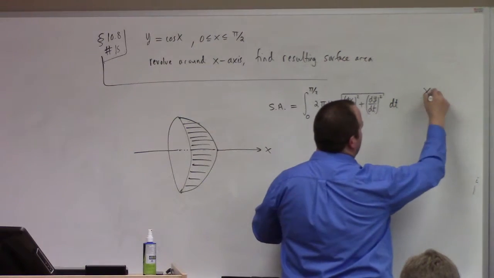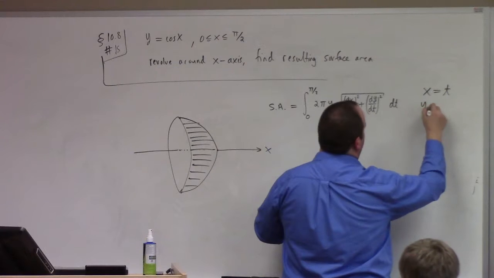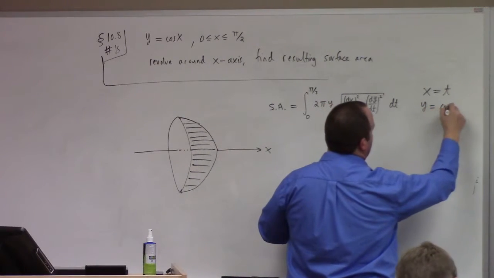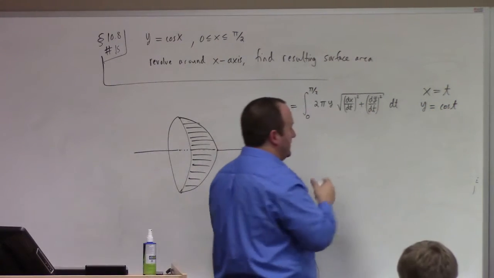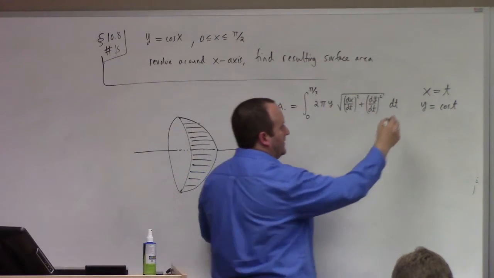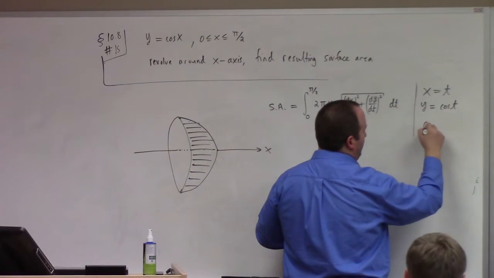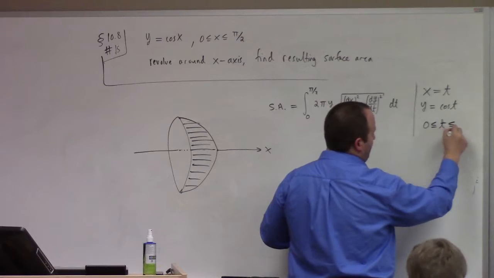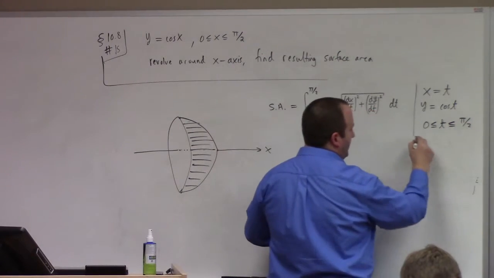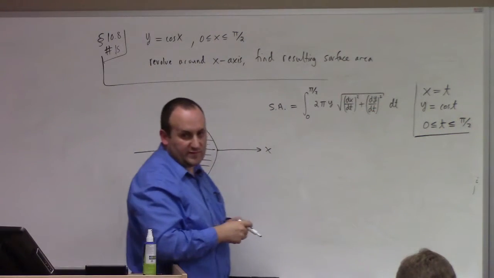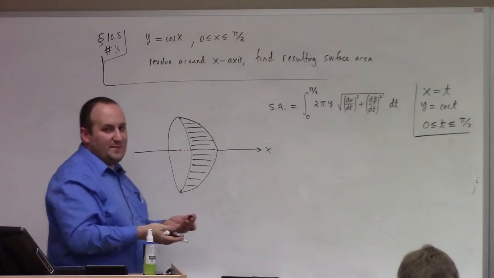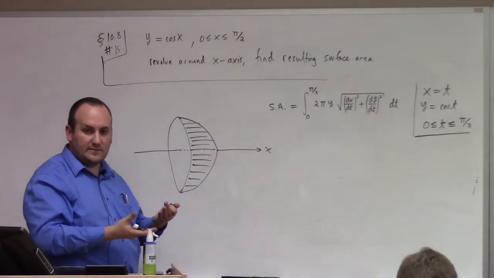I'm setting x equal to t, and y equal to cosine t. This is my parameterization. I can just use x as the parameter in this case, so dx/dt is just 1.